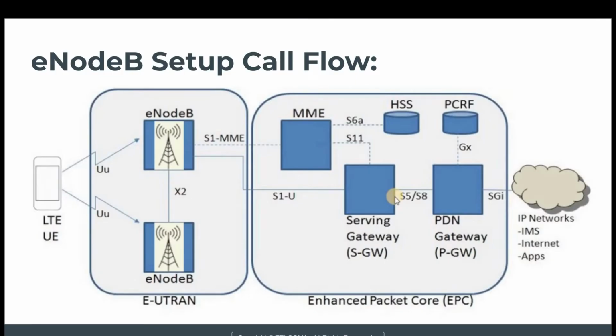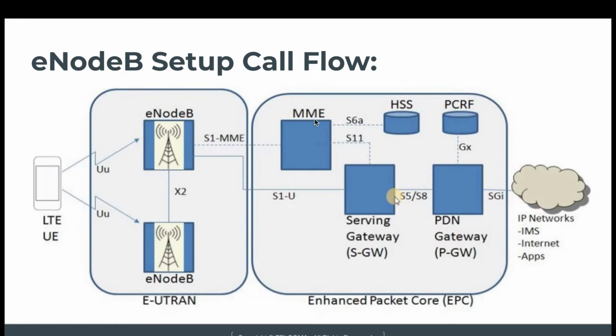This is the architecture of the 4G LTE network. You can see that the UE is connected to the eNodeB using the Uu interface, and after that the eNodeB is connected to the MME using the S1-MME interface, and it is directly connected to the serving gateway with the S1-U interface.